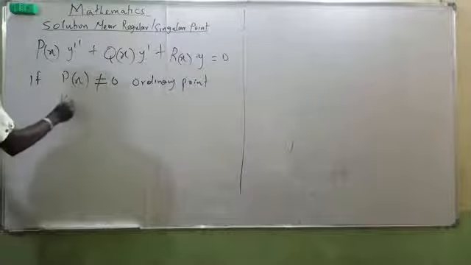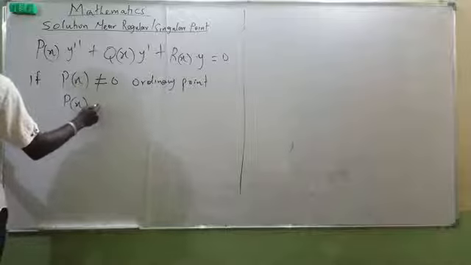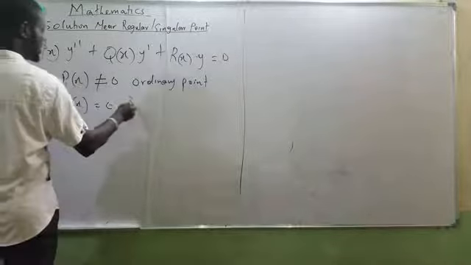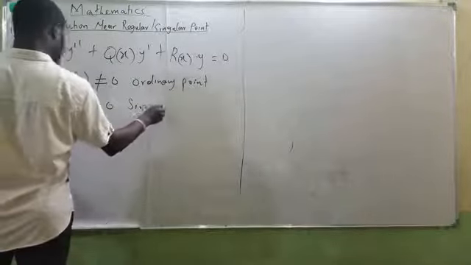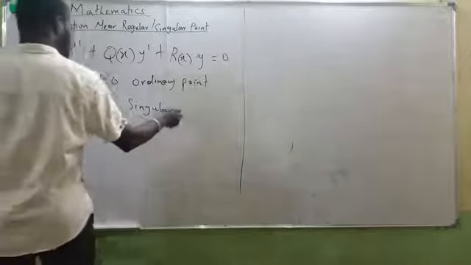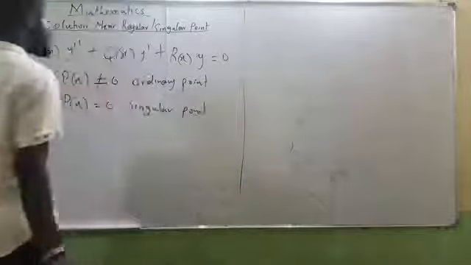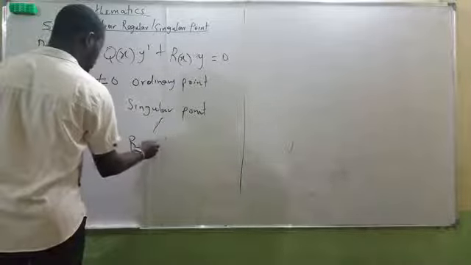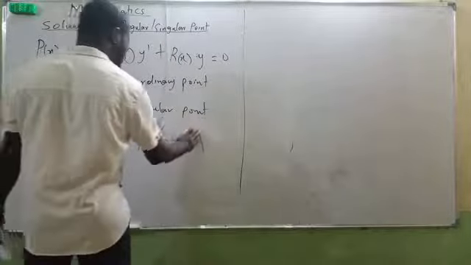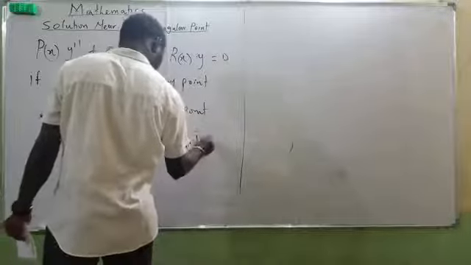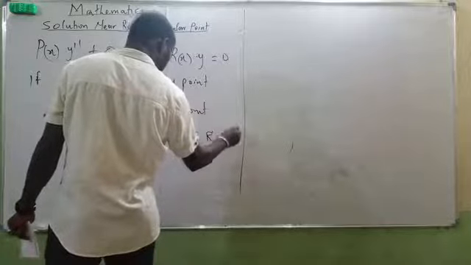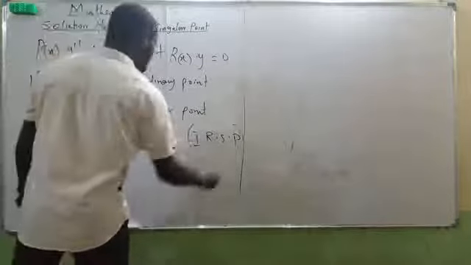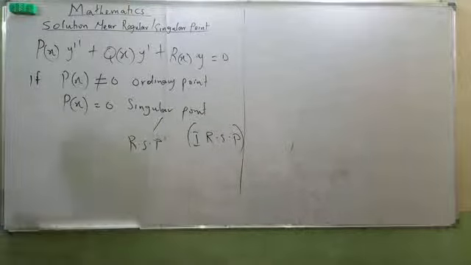But if P of x equals 0, it is called a singular point. From the singular points, I can now say it is either a regular singular point or an irregular singular point. Please take note of this. Very, very important. That is what you need to understand at this point.